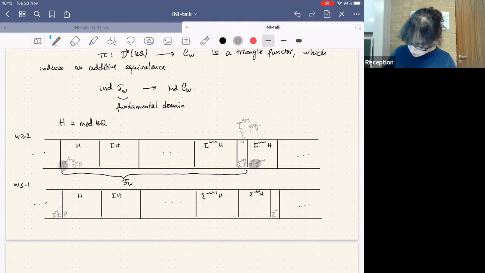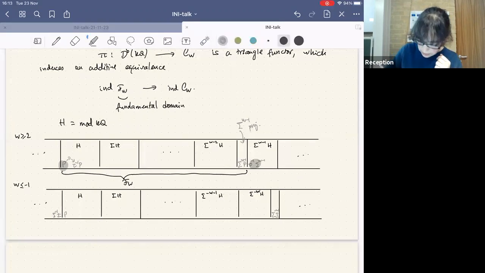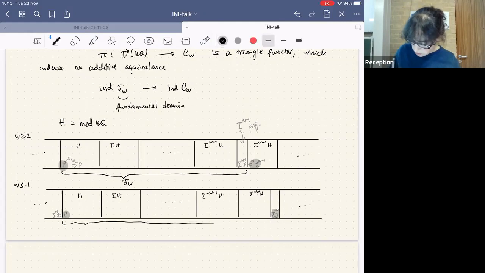And this gives I. So this means that this object is now the same as this one. So the fundamental domain now is going to be all these copies, and then on the shift minus W, we remove the injectives. So this will be our fundamental domain.